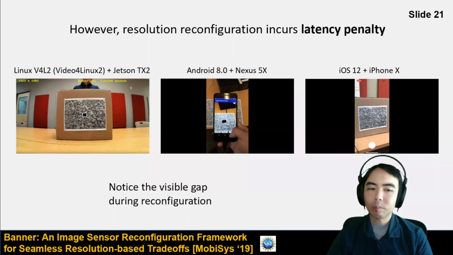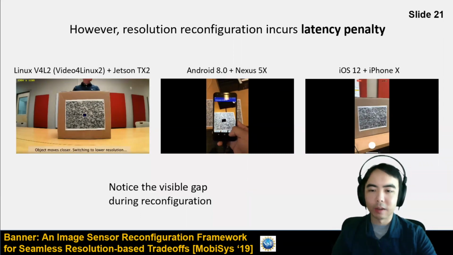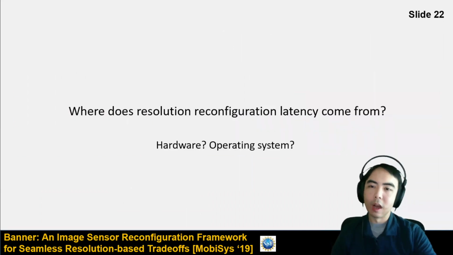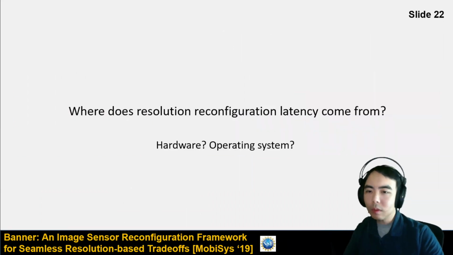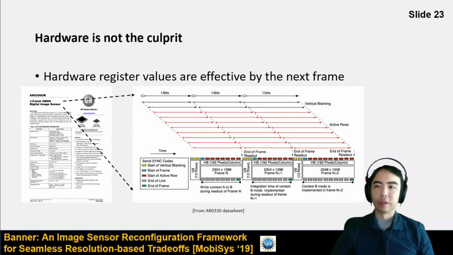So we wanted to investigate what's going on here, and why is there this cutting to black reconfiguration latency period here? Is it in the hardware? Is it in the operating system? Well, we actually already knew from our previous characterization, from that previous paper, hardware is not the culprit.